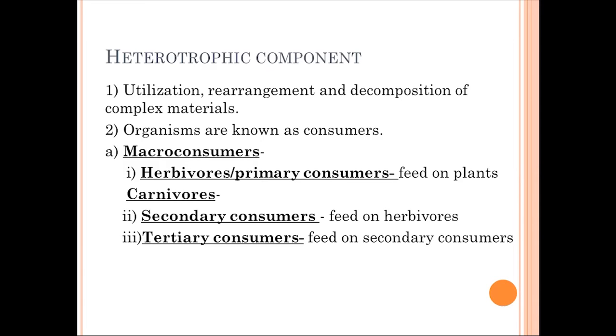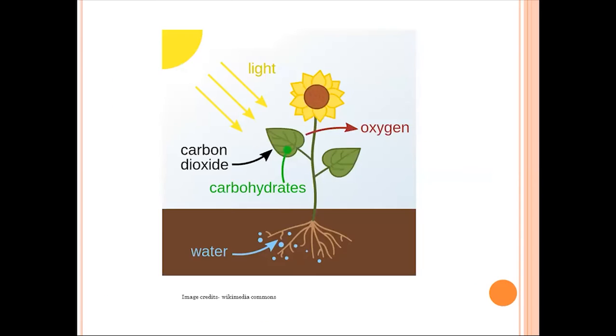Where are these complex materials? See here. Carbohydrates were produced in photosynthesis. Now there will be some animals which will feed on this plant. So already complex substances are present in the plant in the form of carbohydrates.